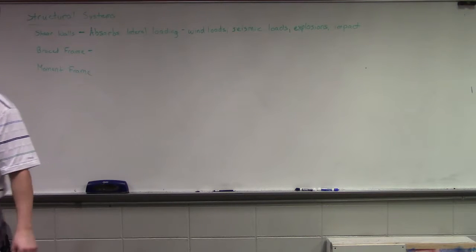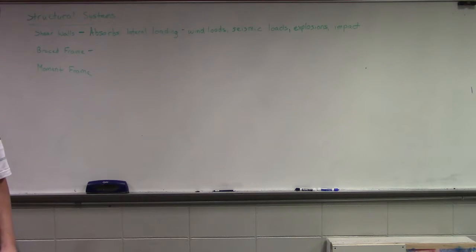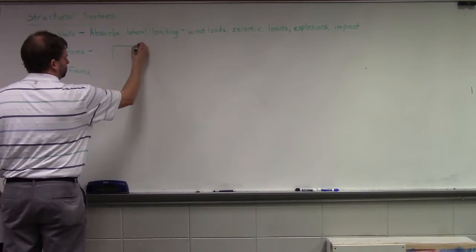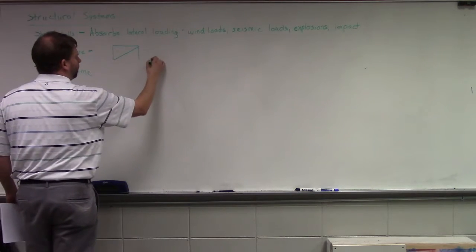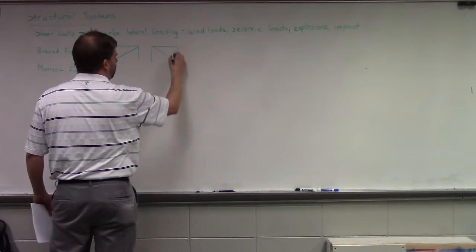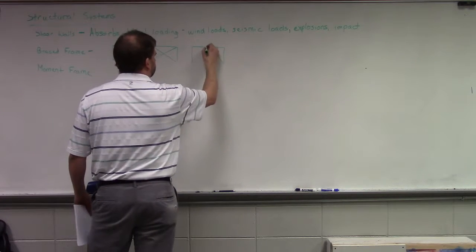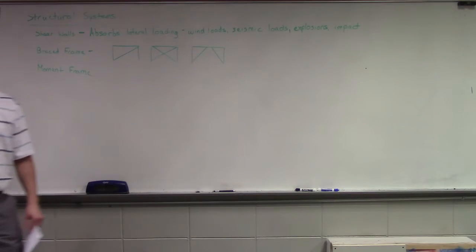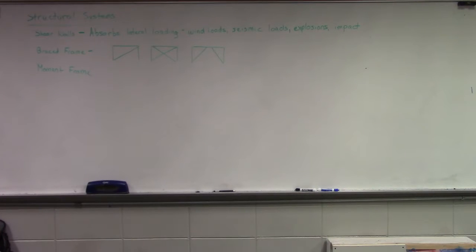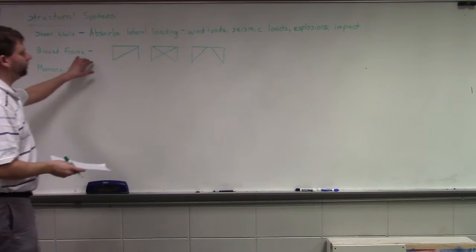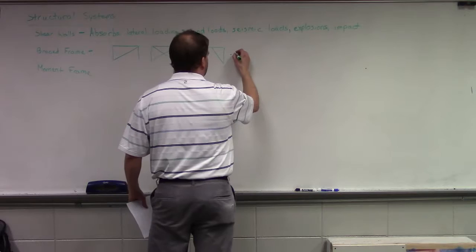What about a braced frame? How's our braced frame going to be different than our shear wall? It's got braces. Yep. Maybe we're dealing with diagonal bracing, some sort of cross bracing, or some sort of eccentric bracing, right? Again, we're absorbing lateral loading.